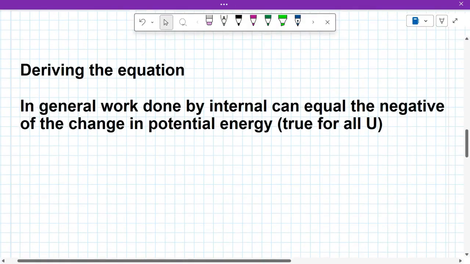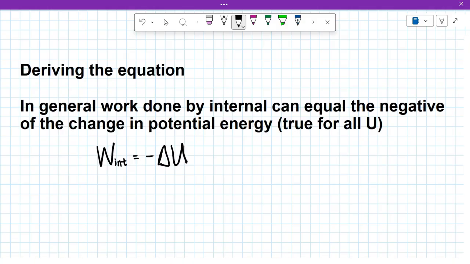Now, in general, this is just a rule in physics, that work done by internal forces can equal the negative change in potential energy. That's going to be true for all of our potential energies, whether it's gravitational, whether it's electric, and so on.